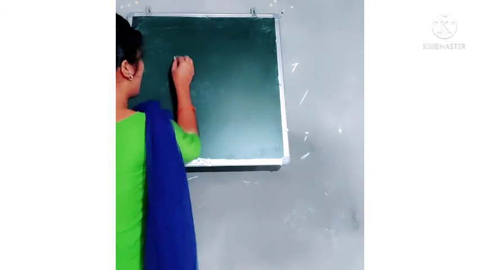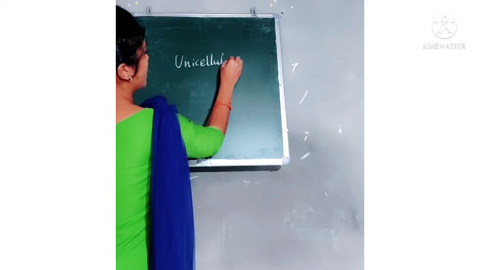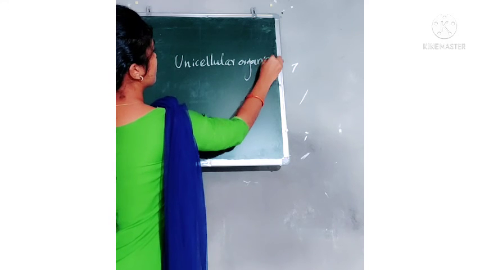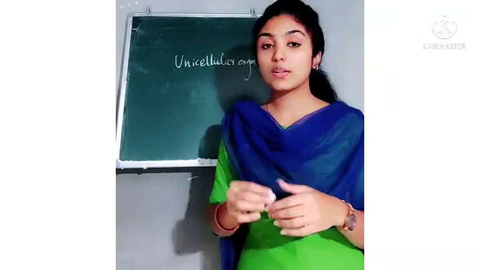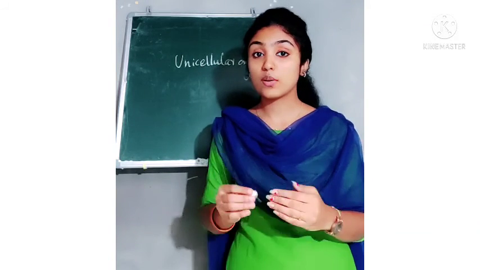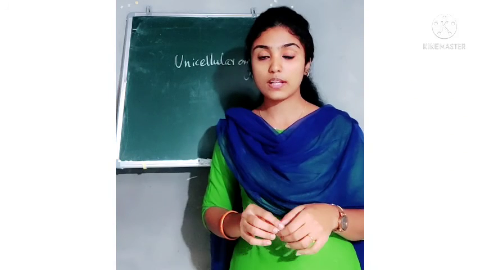You have already studied in 6th standard about unicellular organisms. So, what are unicellular organisms? The organisms which have only a single cell are called unicellular organisms.